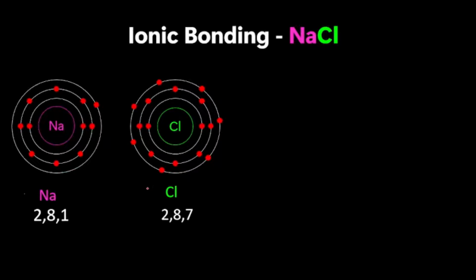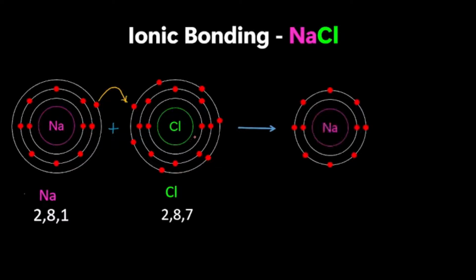So what happens when sodium and chlorine combine together? When sodium and chlorine combine together, sodium completely transfers its valence electron to chlorine. After this electron transfer, what happens to this sodium and chlorine atoms? Let us see. After the electron transfer, now sodium has 10 electrons and 11 protons.